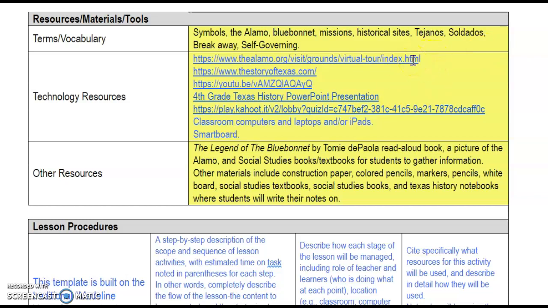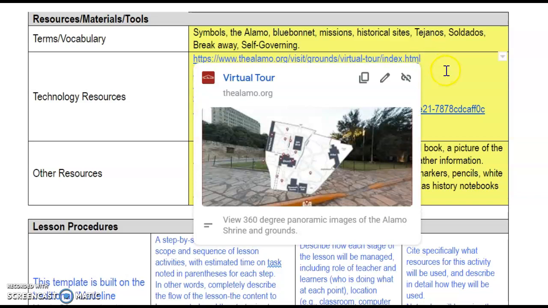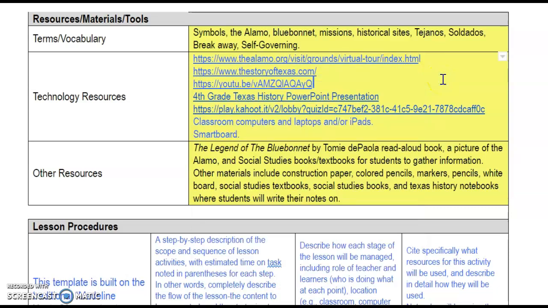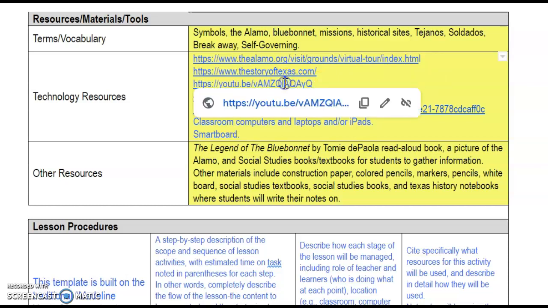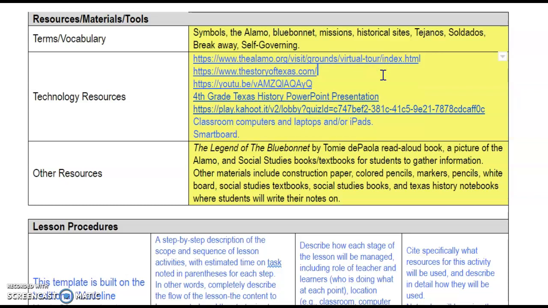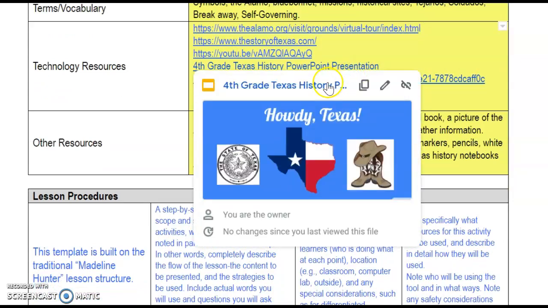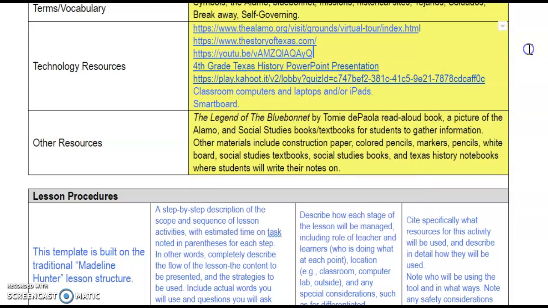And I have various resources like the Alamo virtual field trip, the Bullock Museum where students can look over different information about the bluebonnet or the Alamo, a short 2 to 3 minute video related to the Battle of the Alamo, my PowerPoint presentation that will include more information on the Alamo and the bluebonnet as well as the definitions of the vocabulary terms that students are going to be looking at.